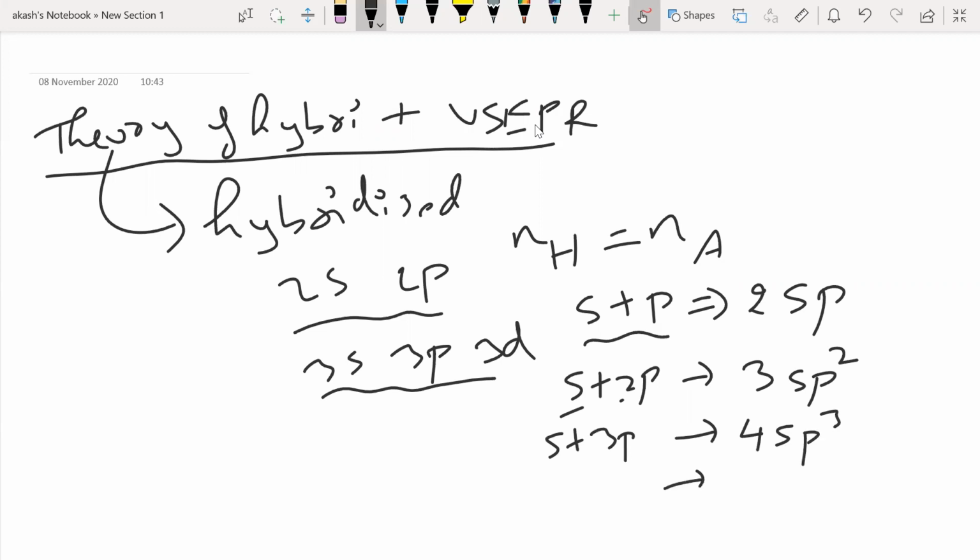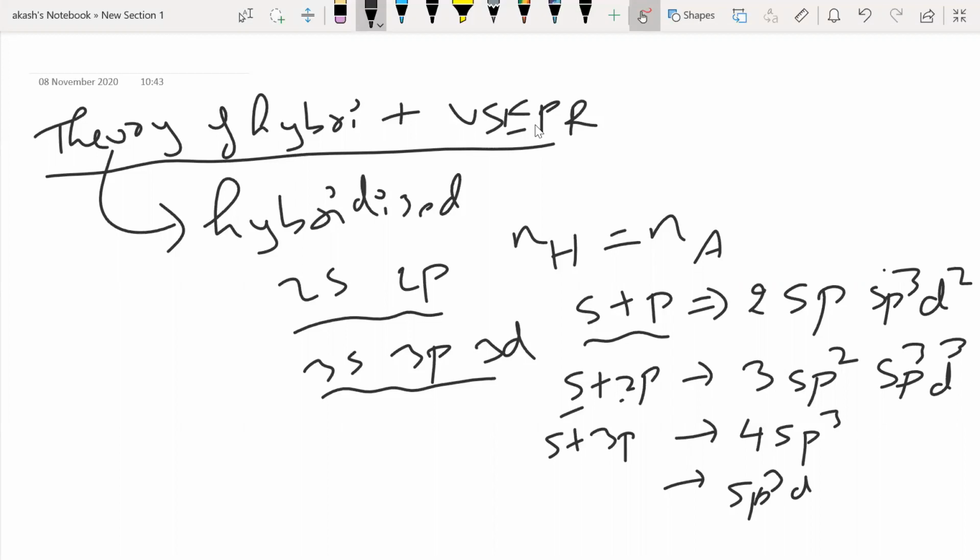And other things we know, I have sp3d, sp3d2, and very rarely you can have sp3d3 also, right? So these are all the different types of hybridized orbitals we can have in the theory of hybridization, right?